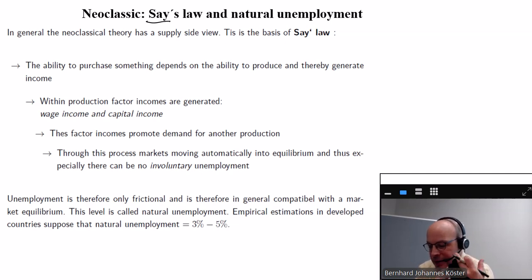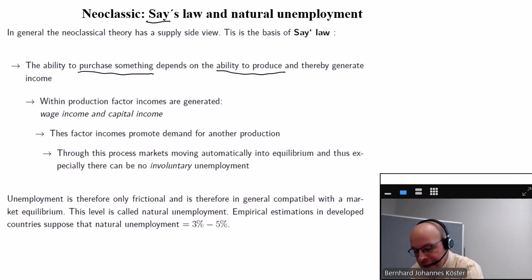He said that what we can purchase, what we can demand, always depends on the ability that we have already produced something. So production is the first thing in our explanation of the economy.